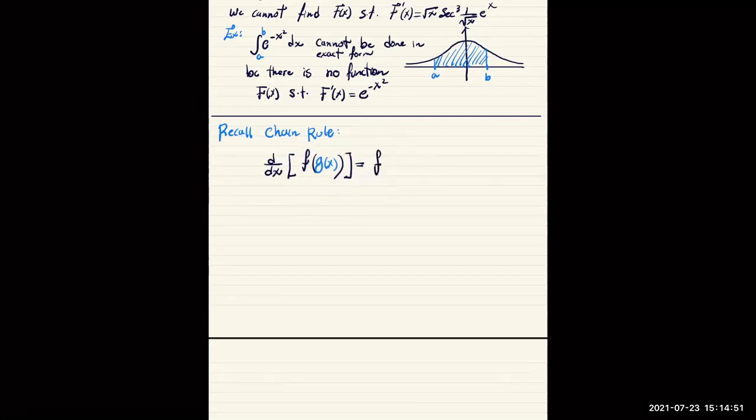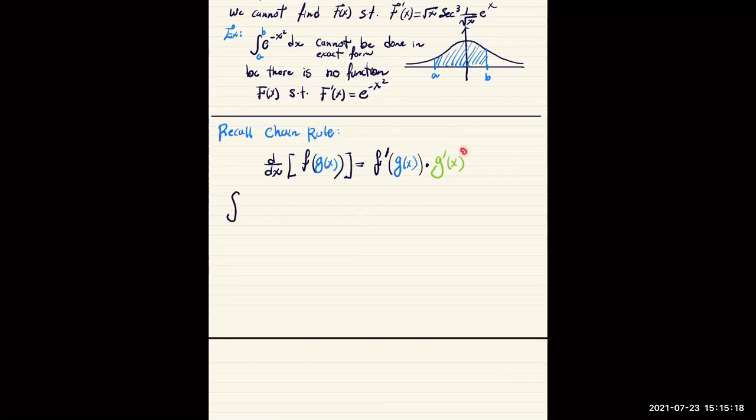So it's f prime, the derivative of the outside function, evaluated at the inner function, times the derivative of the inside function, times g prime of x.